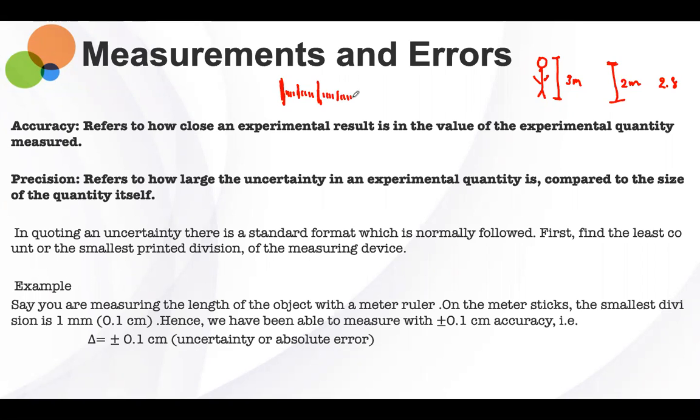And then 1, 2, 3, 4, right? So it looks something like this. The smallest increment would represent your uncertainty, right? So we don't know the exact reading, but we know that it falls in between, right?